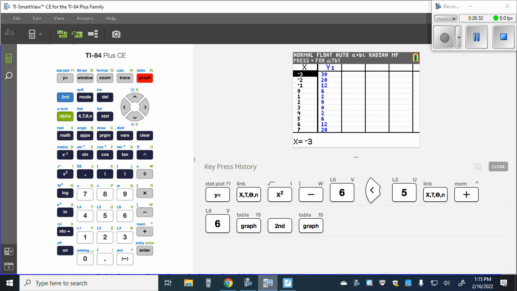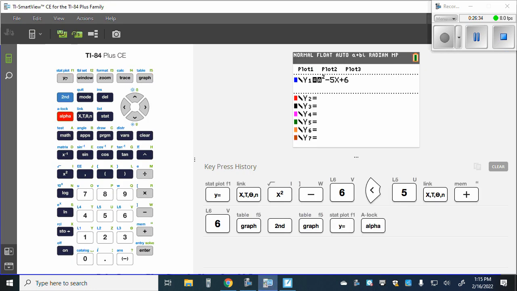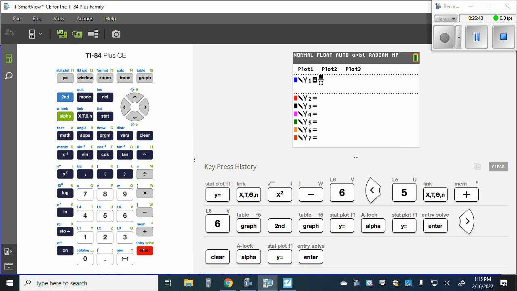Why don't I show you all this? Alpha y equals, enter. Let's see here, so I can clear the whole thing out. Y equals, enter. I'm going to borrow your notes for a second, Michelle. I'll give them right back. Because the one we just worked was 4 over.